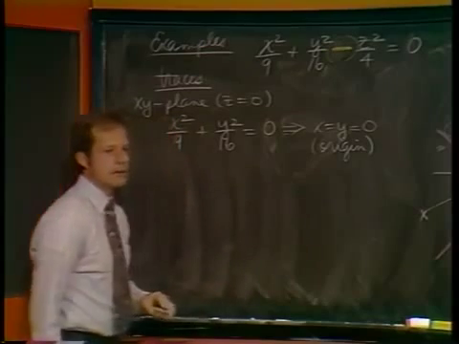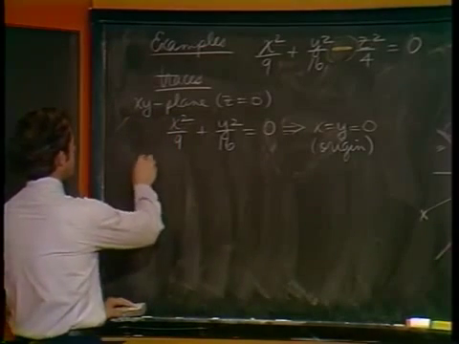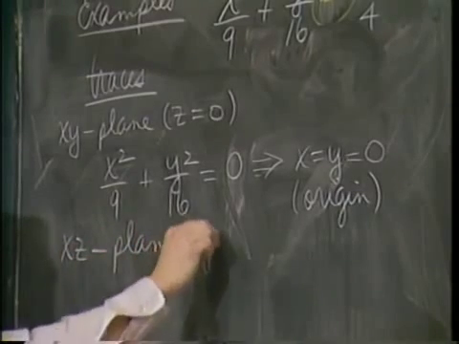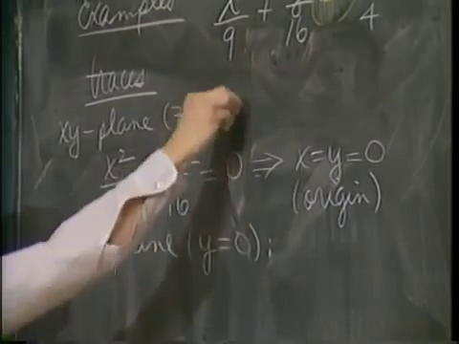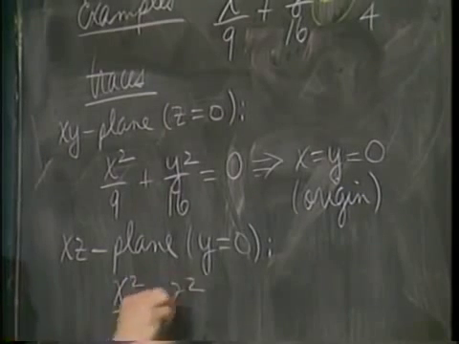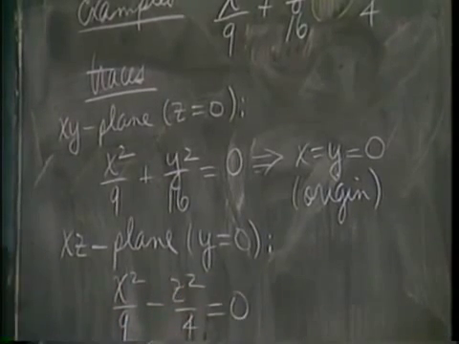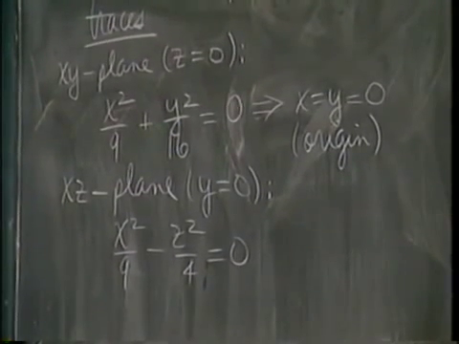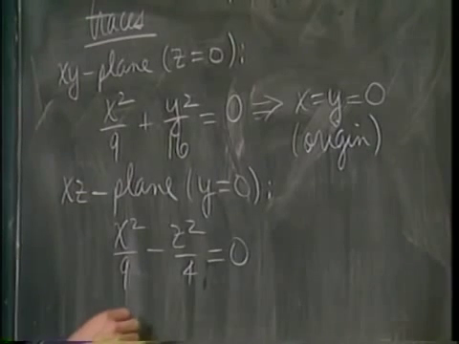Not too exciting. Maybe we get something better in the xz plane. Set y equals 0. We get x squared over 9 minus z squared over 4 equals 0. What's that? That's something you probably haven't seen too much recently. It's a lot easier than you think.